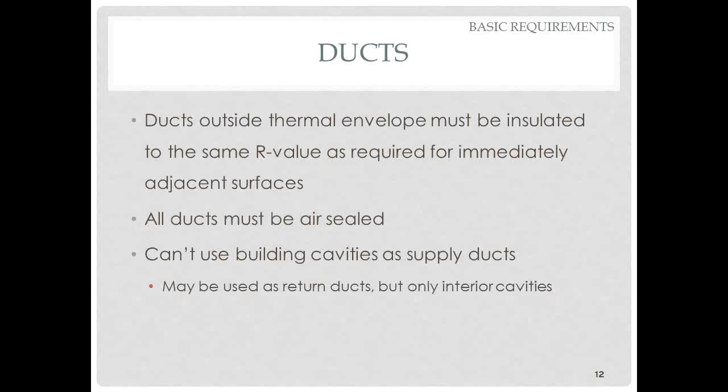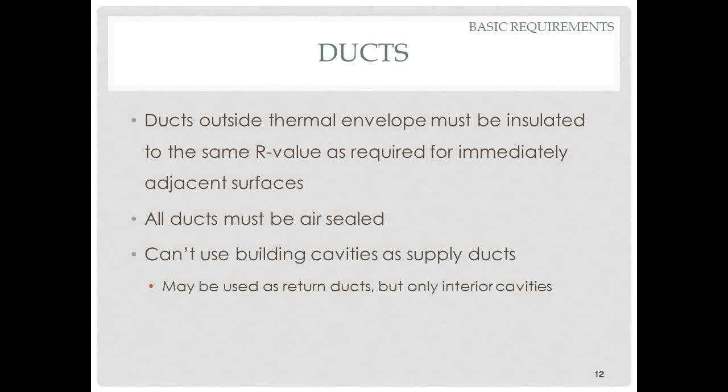There are some new requirements for ducts, and some of these are rather stringent too. Now we're talking only about heating and cooling ducts, not about ventilation ducts. If you run any heating and cooling ductwork outside the thermal envelope, it now has to be insulated to the same R value as required for immediately adjacent surfaces. So this is much like the attic access hatch.